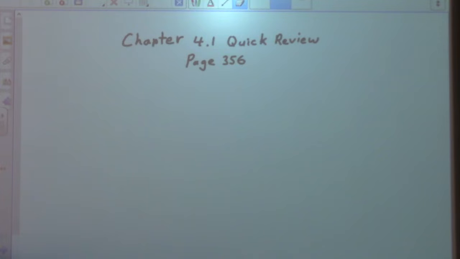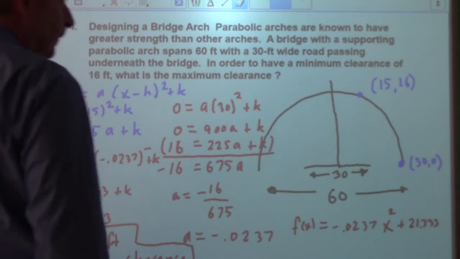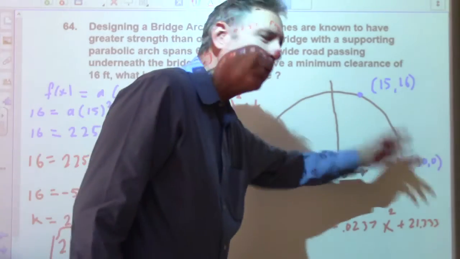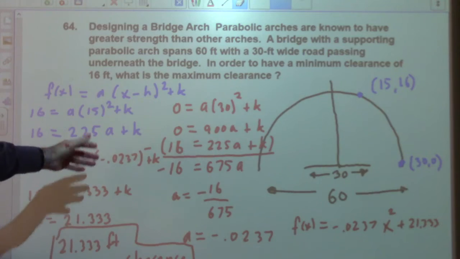So the thing I want to show you at the beginning of class today is we ended class yesterday with this problem worked out. And so I went and finished it up this morning just to show you what happened. This should take you back to Algebra 2 Honors where we did problems like this. Basically, if you have an axis of symmetry and two extra points, you can get an equation of a parabola from this.